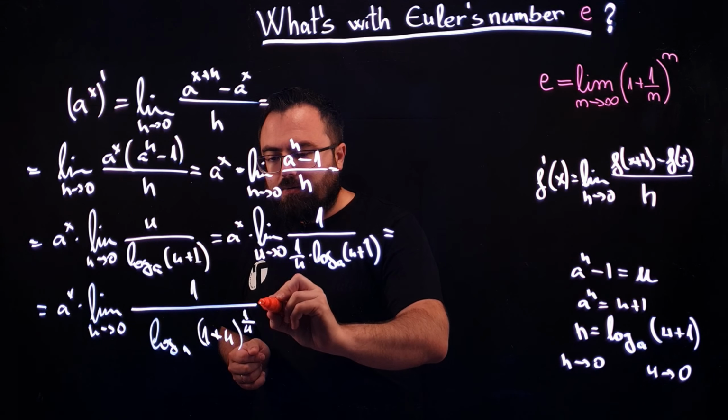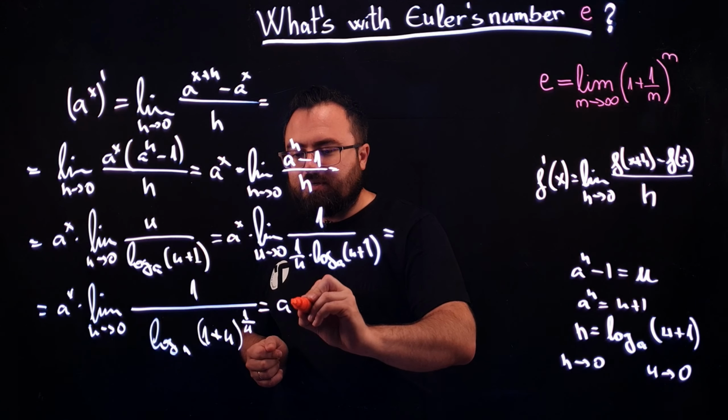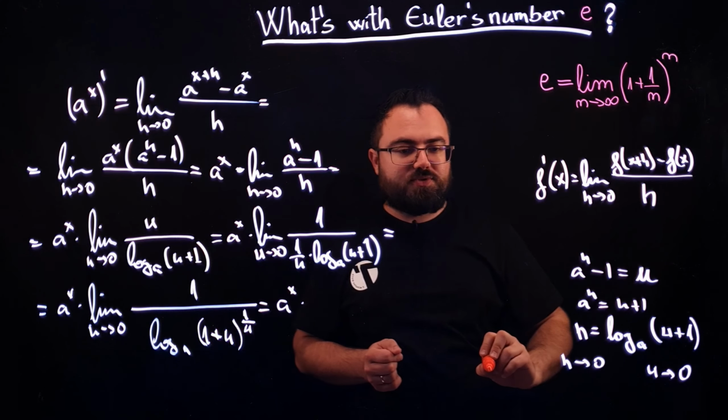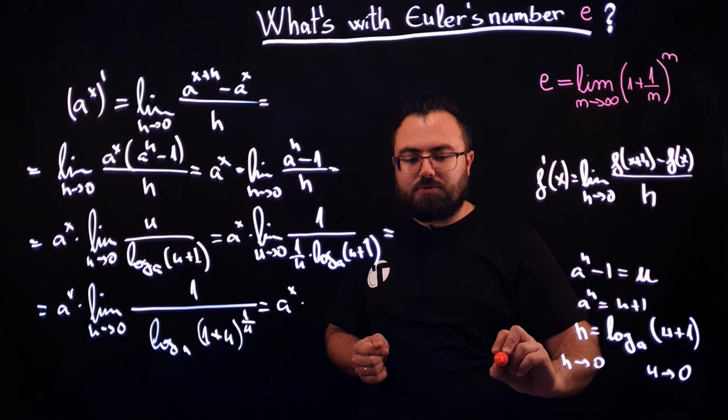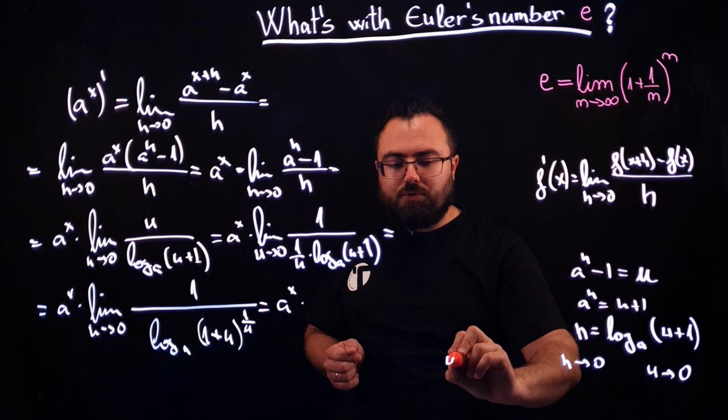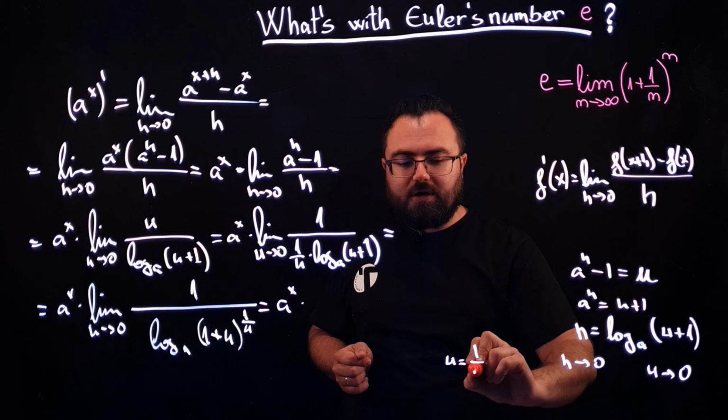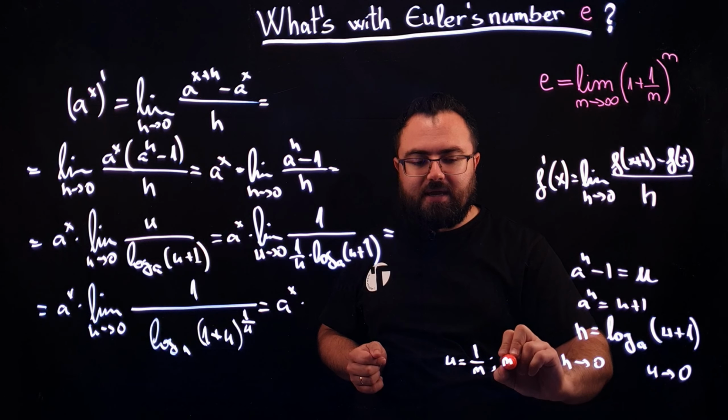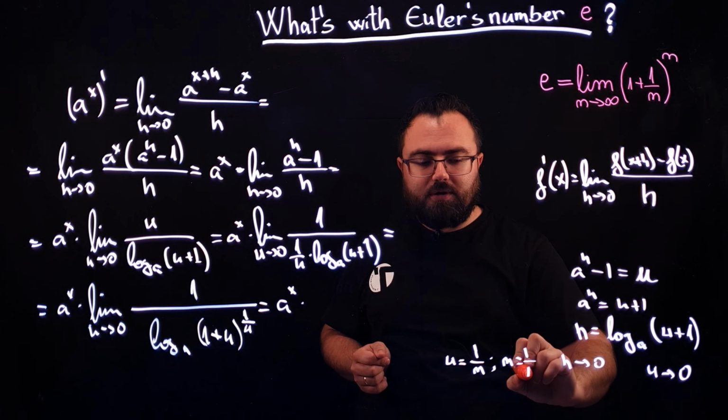When we go further with the computation, this is a^x times, and now we will make another substitution where u is equal to 1/n, and that means n is equal to 1/u.